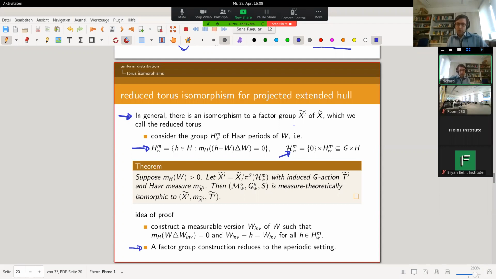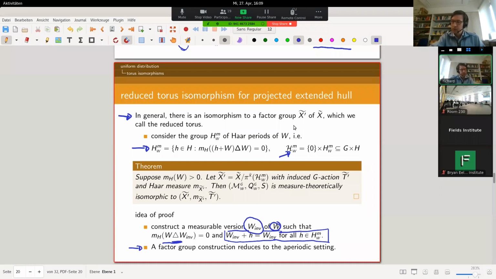And what we did here is we constructed a measurable version of the window such that it has the same H measure, and it's actually fully invariant under, let's say, addition by a H period. And then we are in some sense in a topological framework, and we can do the usual constructions. Good. So far so good.